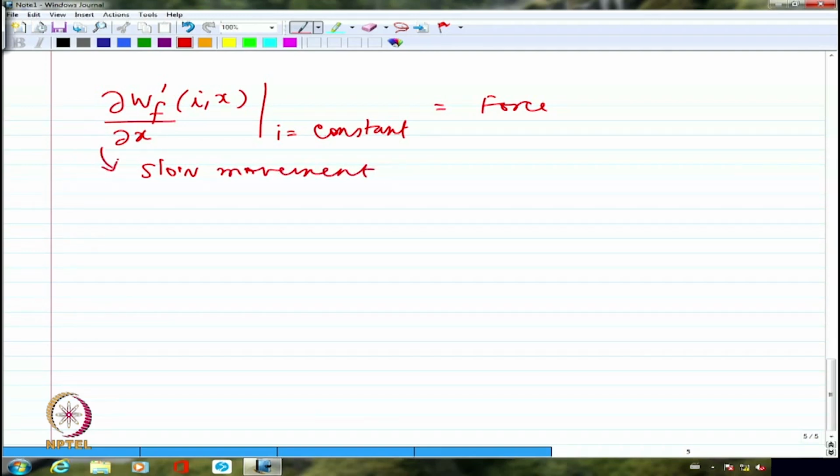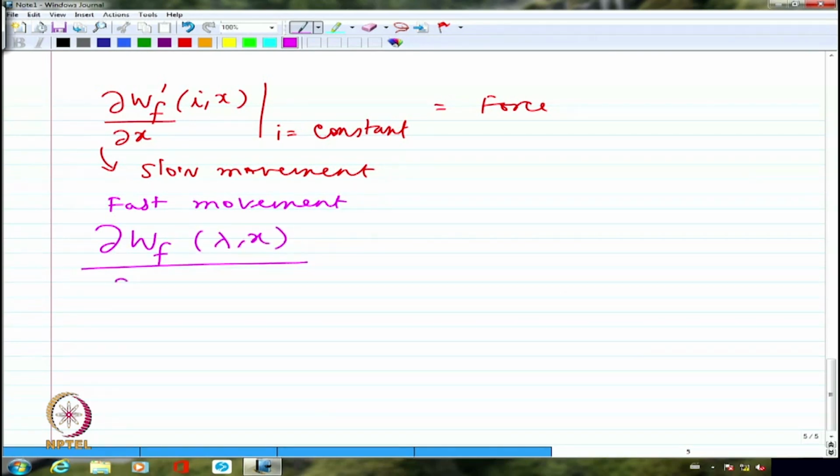If I consider fast movement, under that condition, I am going to have minus dou Wf, which is a function of lambda and x, divided by dou x. That is the reduction with lambda being a constant, equal to the force.